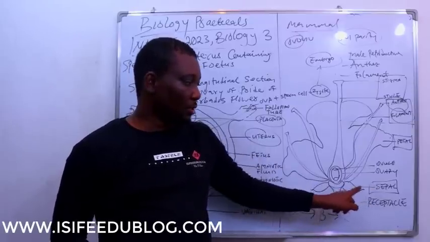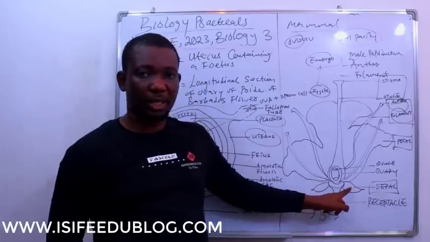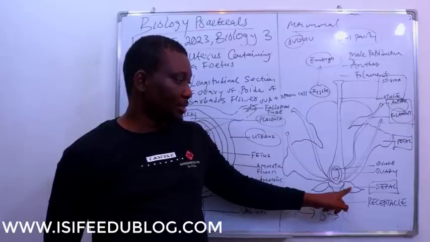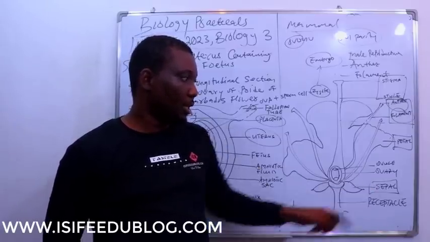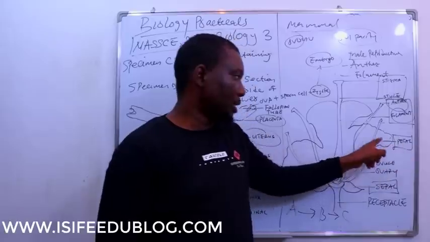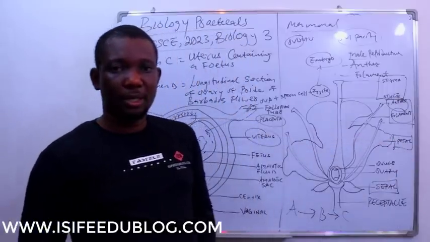So the green nature of this means that there is numerous chlorophyll here. So this is a site of photosynthesis. So photosynthesis occurs here. This is particularly the part that is brightly colored. That is the petal. Okay, that is the petal.